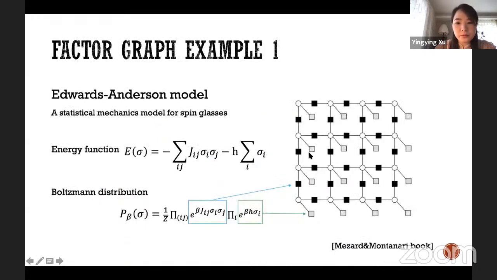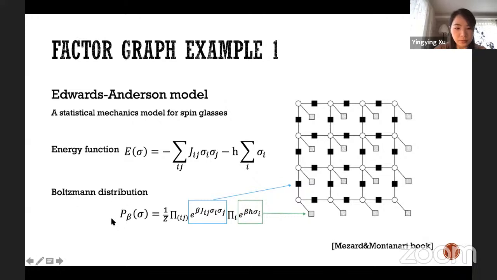Here's an example of the Edwards-Anderson model expressed in a factor graph. This is a classical model in statistical mechanics used for modeling spin glasses. The energy function contains 2 parts. One part is the correlating part, another part is the external field, acting independently on each variable.